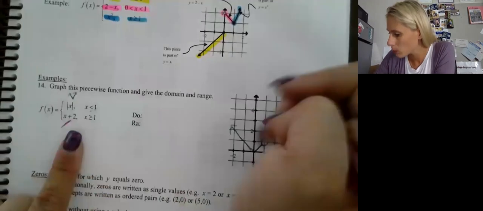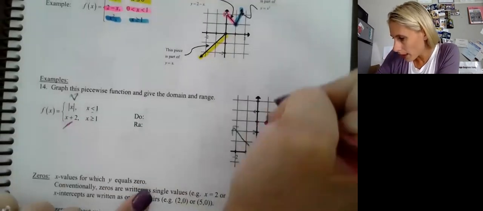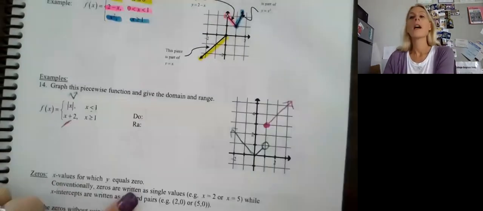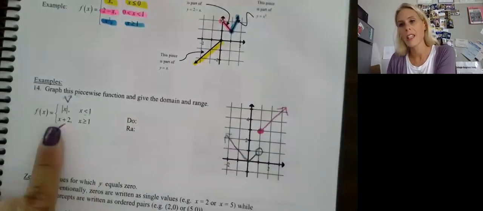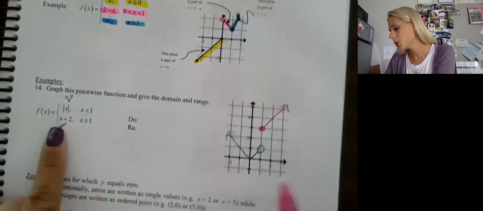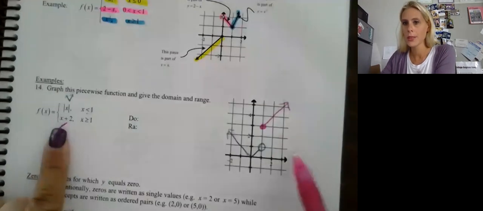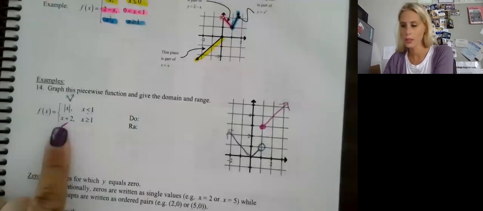And the slope is 1. So I know that my line is this way. Again, if you have to and you don't think of it as slope, you can start putting in like, okay, 2 plus 2 is 4. So at 2 it's 4. 3 plus 2 is 5. So on and so forth.